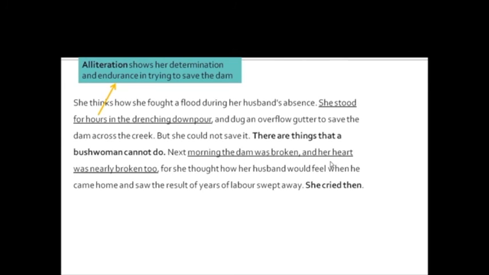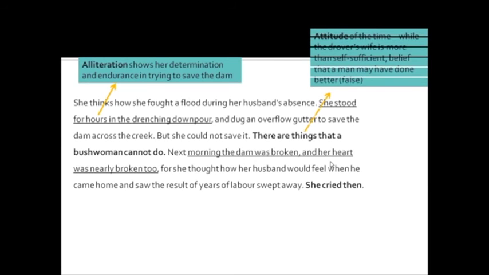Then you've got where it says, there are things that a bushwoman can't do. This line here reflects the attitude from the time when Lawson was writing and living in. Okay, so we know already that the drover's wife is quite self-sufficient.